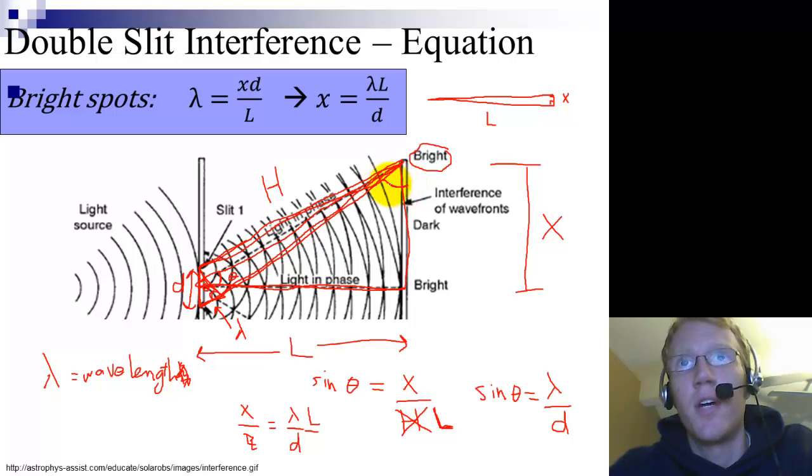And so this angle right here and this angle right here are alternate interior angles, and so those two must be equal. And so if you look at this triangle right here, it's got a right angle here and this angle here. This one right here, this larger triangle, has a right angle here and this angle here.